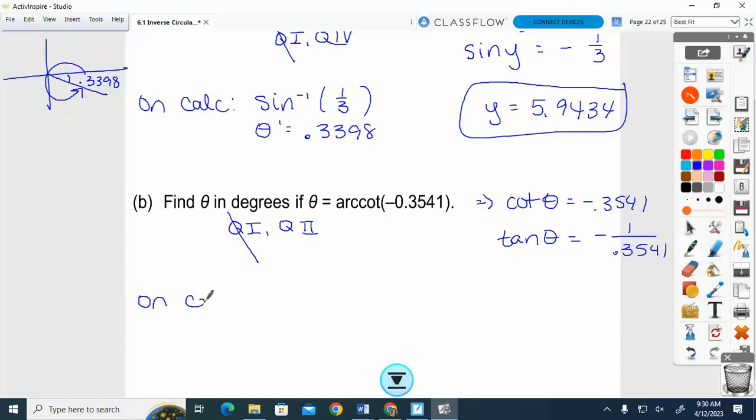On our calculator, what mode should we be in? Degrees. Flip over into degree mode. And to get your reference angle, you will do tangent inverse, so second tangent of the positive 1 over 0.3541.